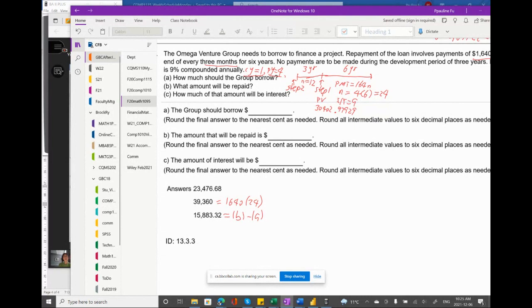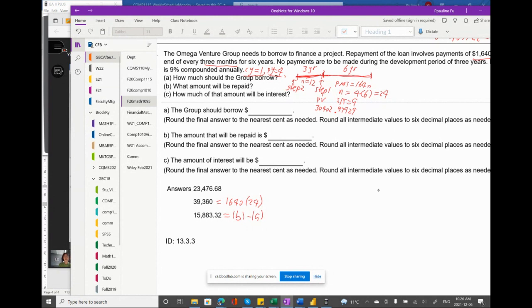Then you have the development period of 3 years. It is deferred for 3 years, and the payment is for 6 years after that.